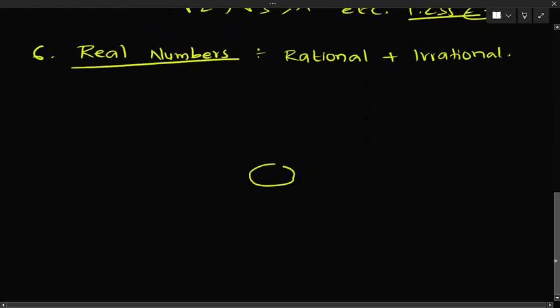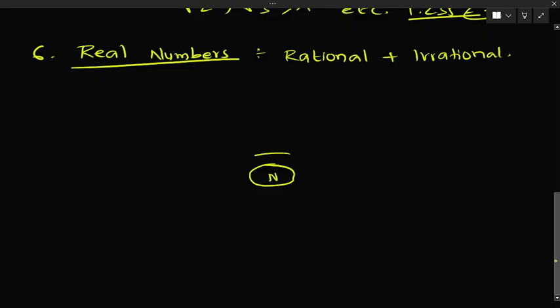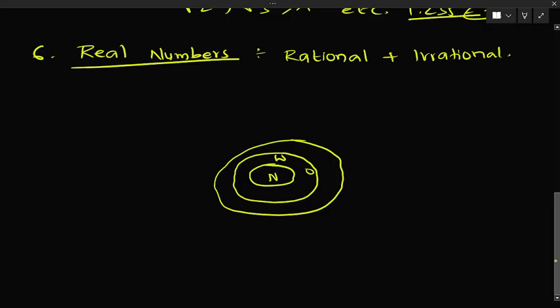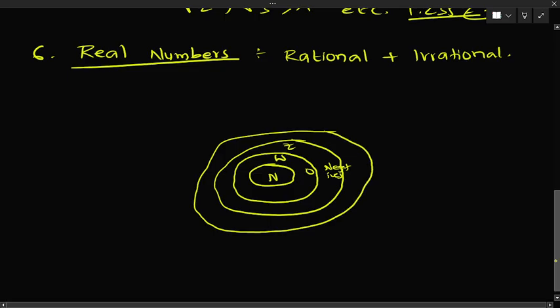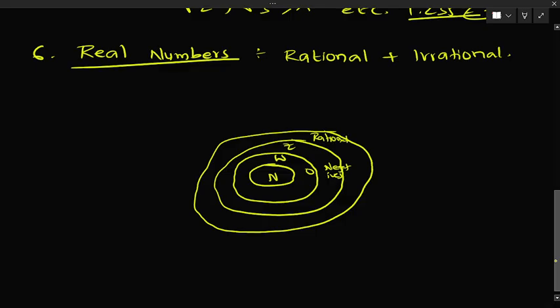For example, consider this as the natural numbers. Next, if we consider this as the whole numbers, here 0 is added. And next, after the whole numbers, we have the integers. Here, along with whole numbers, negative numbers are added. After that, consider this as the rational numbers.